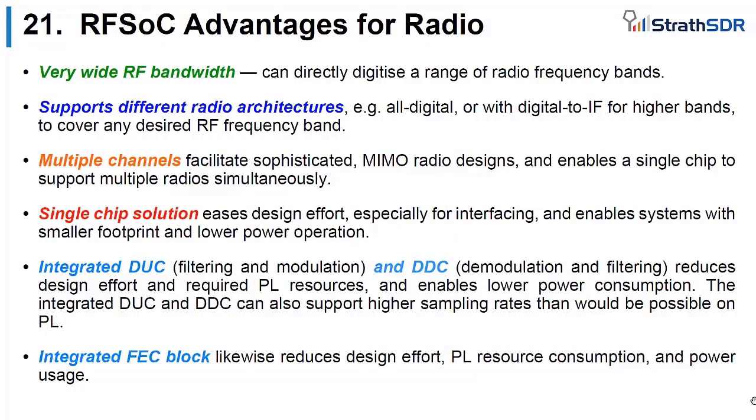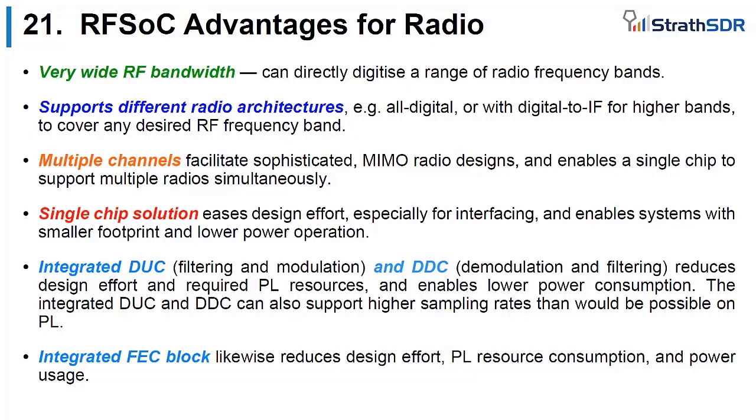So RFSOC advantages for radio, well, we've touched on some of these, and we'll now see a lot more in some of the demonstrations and a little bit more detail in the signal processing coming up from myself and from Louise. So, very wide RF bandwidths are available, so we will be digitizing at 4 GHz. We will be using the first and second order Nyquist zones.